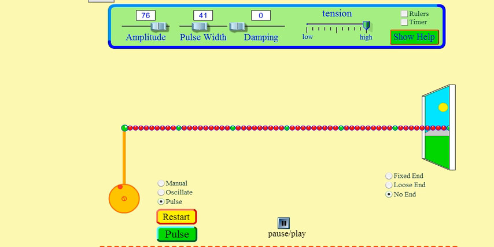Okay, and what I can do first of all is I can just show you one pulse going by, and let me do that one more time. Okay, let me slow that down a little bit. I guess that was a little bit too slow. Okay.